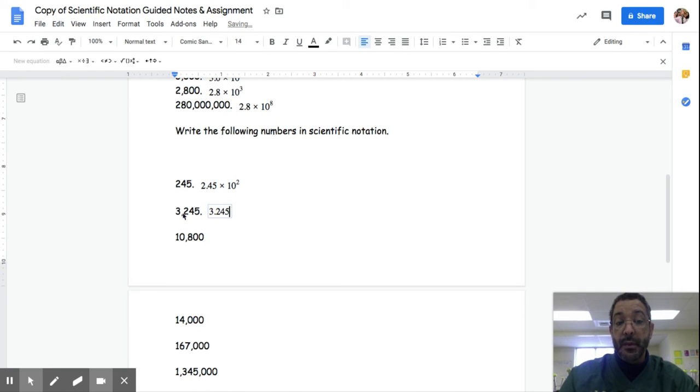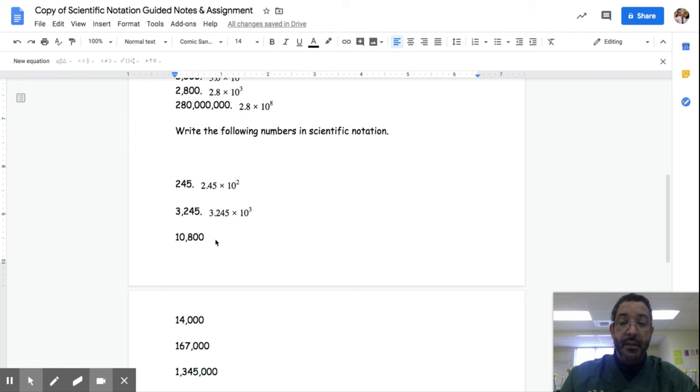And I keep those numbers because those are significant digits. Come up here to miscellaneous operations times. At the number 10, and then how many places did I move my decimal? I moved the decimal 3 places. So shift 6, 3. And my answer to that one is going to be 3 and 245 thousandths times 10 to the third.